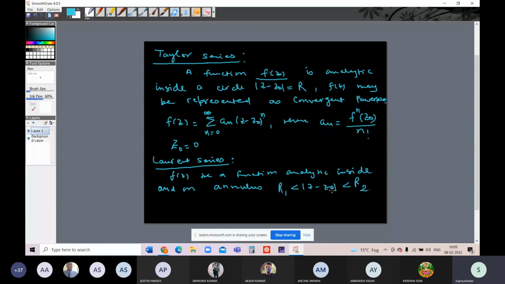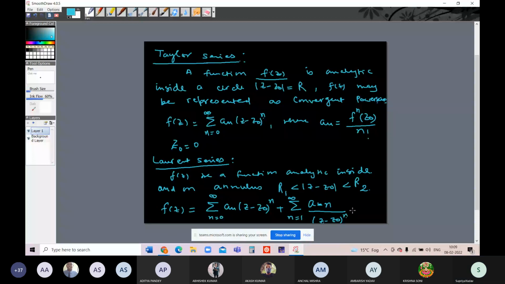This function can also be represented as an infinite series, and that series will be like the summation n going from 0 to infinity a_n (z - z0)^n plus the summation n going from 1 to infinity b_n, or we can also write a_(-n) upon (z - z0)^n.